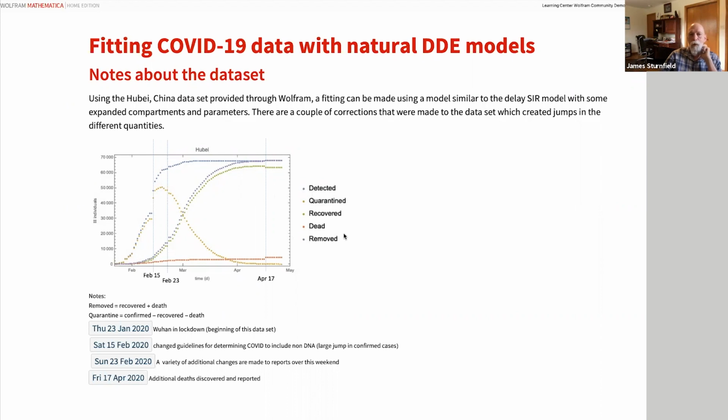I've created a variable called removed, which is recovered plus the dead. The quarantine is basically how many detected cases are currently still active.